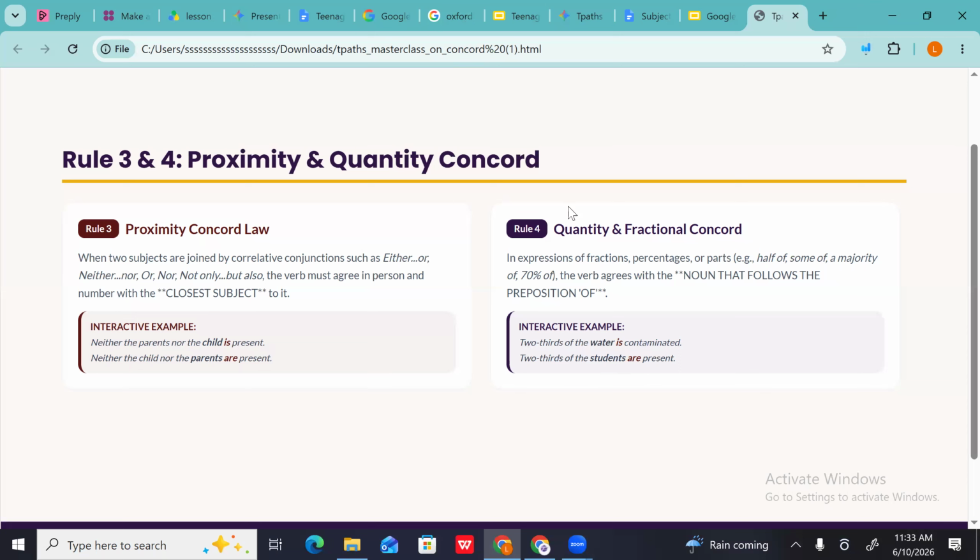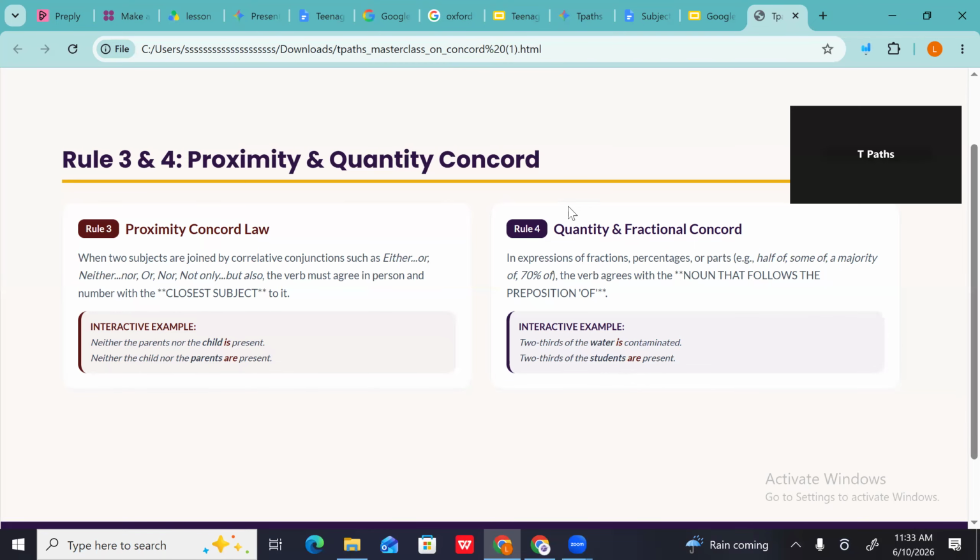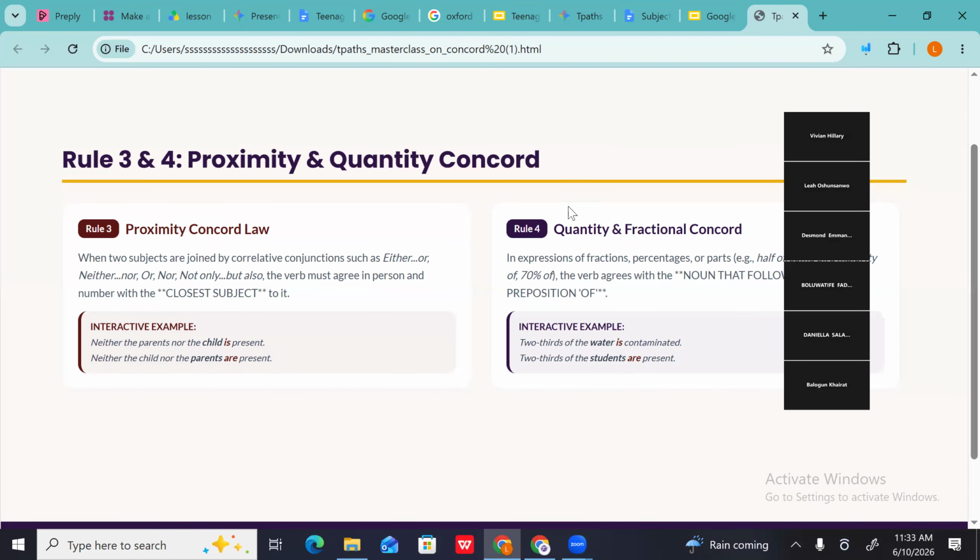If you don't understand, please drop a question on the chat box. And if you want us to continue, kindly drop your reaction. If you don't show a reaction, I won't continue. That means you don't understand.